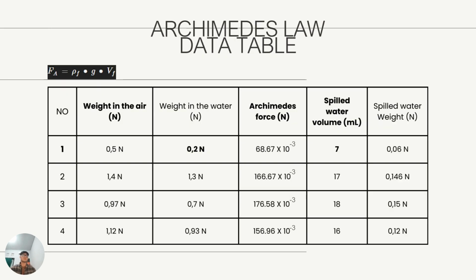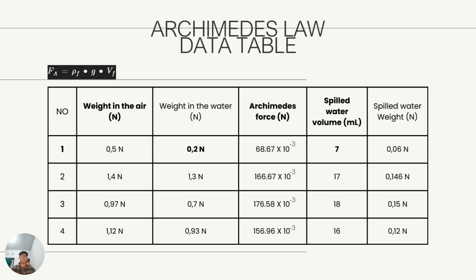Now, the Archimedes' law table. As I said before, the equation we use here is Fa equals rho f times g times Vf. As a reminder, rho f is the fluid density, g is gravitational acceleration, and Vf is the volume of the water that has been displaced.